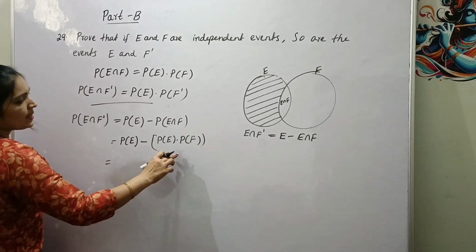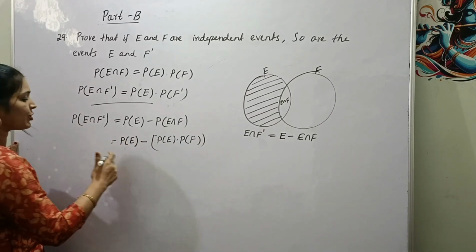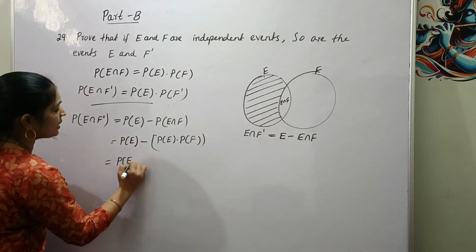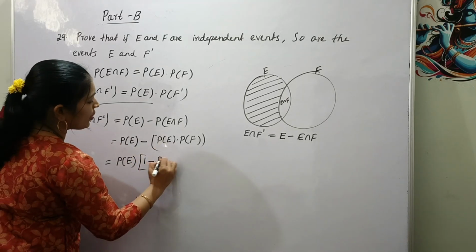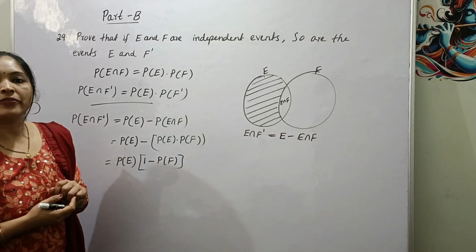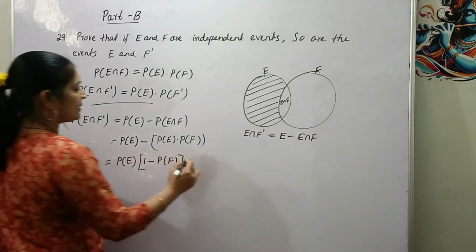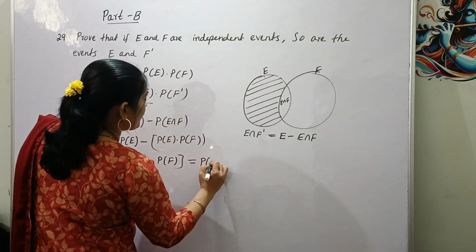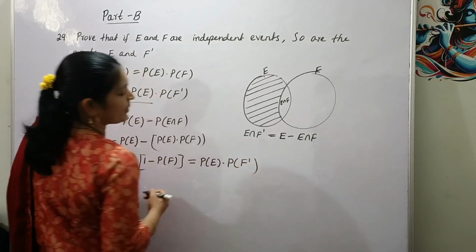See, in both terms probability of E is common, take it out. So probability of E into 1 minus probability of F. What is 1 minus probability of F? That is nothing but probability of F complement. Right? That is probability of E into probability of F complement.